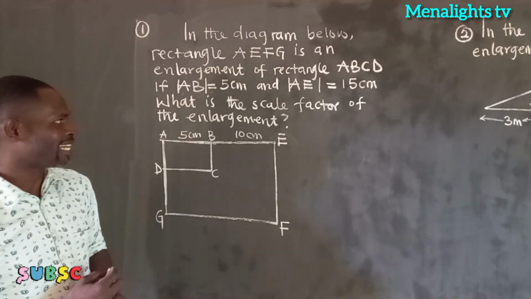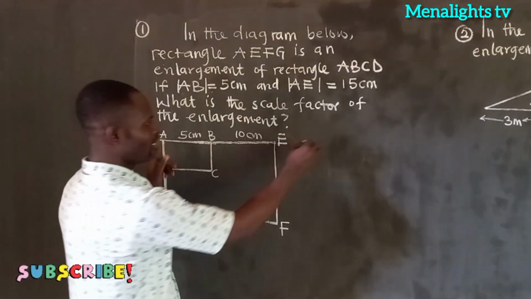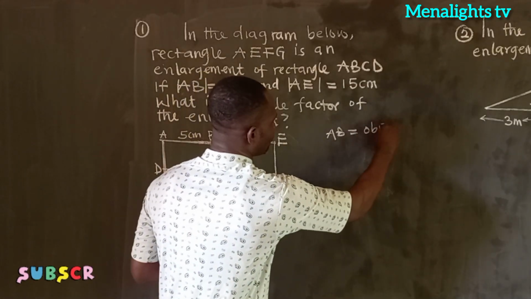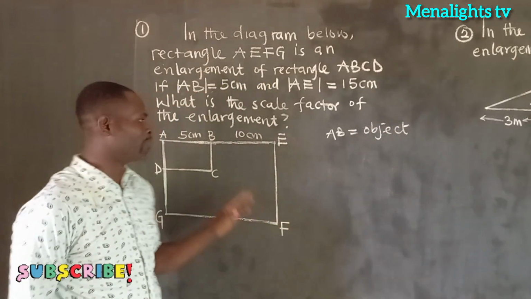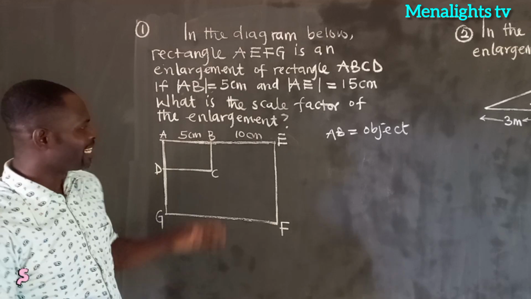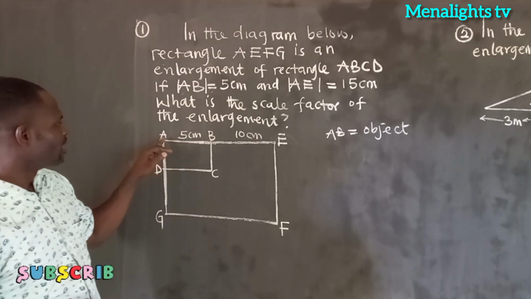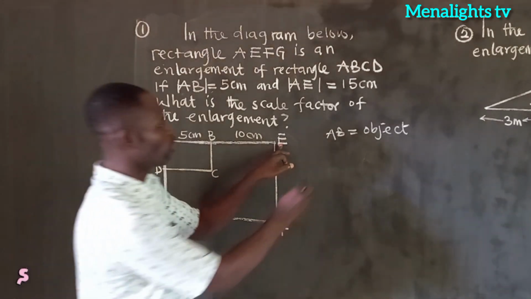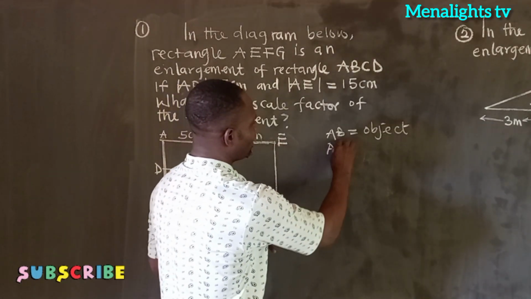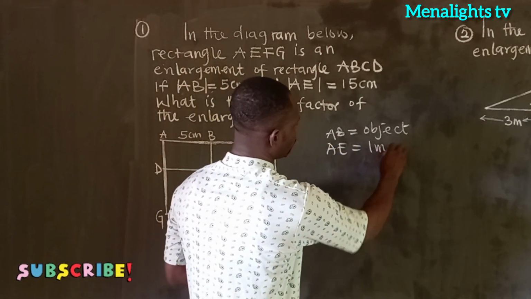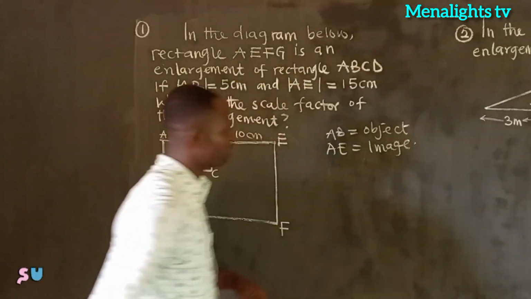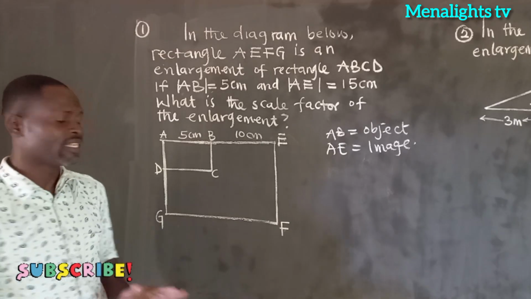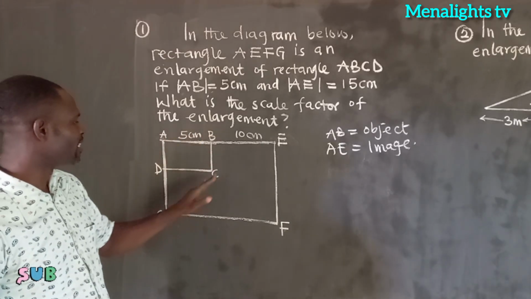Now when you look at this, you realize that the distance AB is the object, and the distance from A to E is the image. AE is the image, as you can see from the question, because AEFG is the enlargement of ABCD.